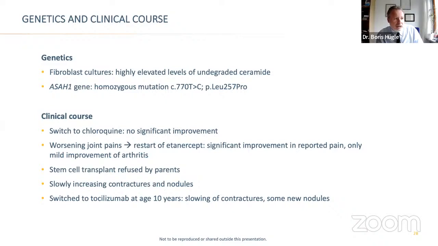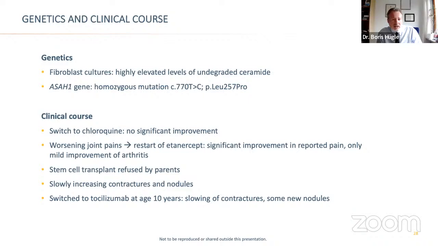So after half a year of treatment, we clued into the nodules and his hoarseness. Back at that time, the diagnosis was done by Thierry Levade in Toulouse, who did the fibroblast cultures. And later on, the genetics also showed the ASAH1 mutation. And of course, there was nothing much that we could do for him except for intensive physiotherapy.